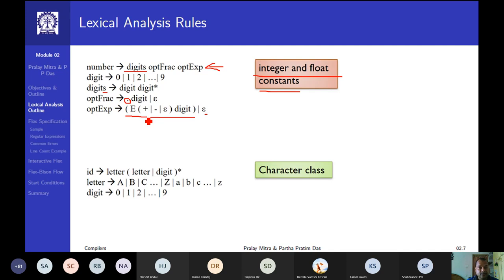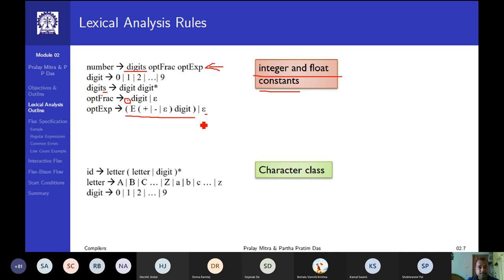It just lays down the regular expression, and based upon the pattern, it classifies into different classes and sends it to the parser.